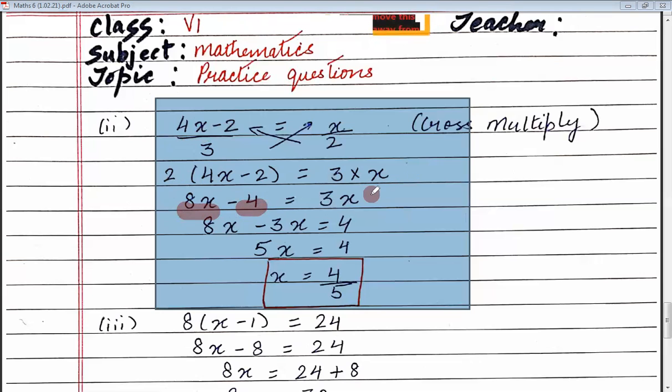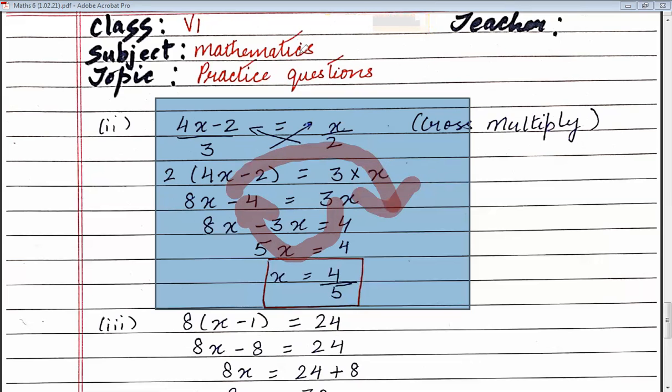So what will be your equation now? 8x minus 4 is equal to 3x. Now it is simple now. You have to use your transpose method. Now as the variable is here, you have to shift your variable to the left side and minus 4 is a constant and you will shift minus 4 to the right hand side.